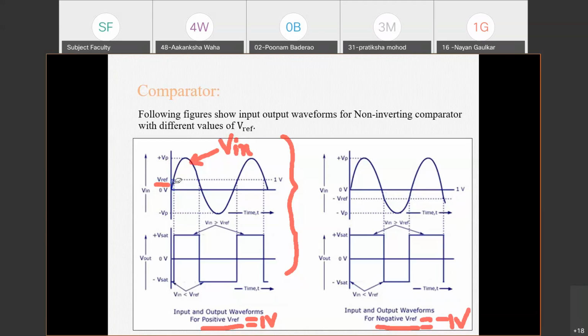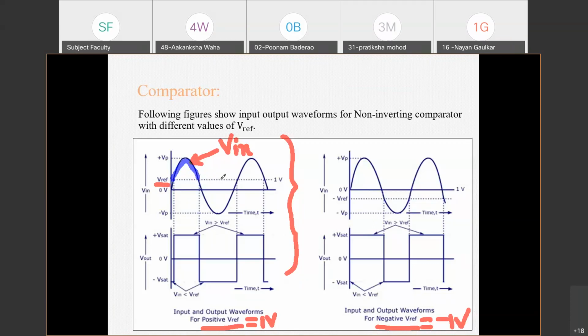Again for second region, from this particular part you can observe for this shaded portion blue, for this much portion now V in is greater than V reference. This value is greater than 1 volt.